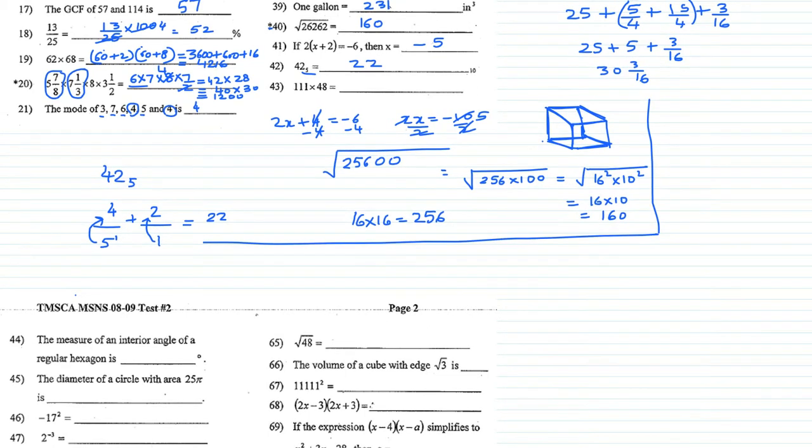Question 43. What is the product of 111 and 48? One way to do this question is to multiply the number 8 over here with 1 over here and write 8, and then multiply the number 4 with 11 and write 44 over here.